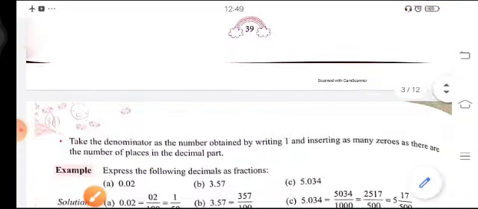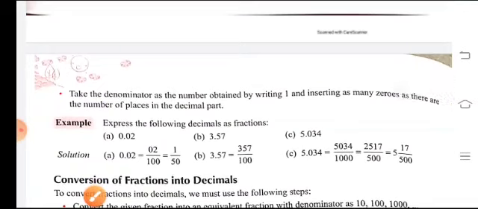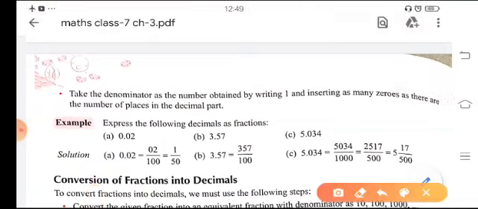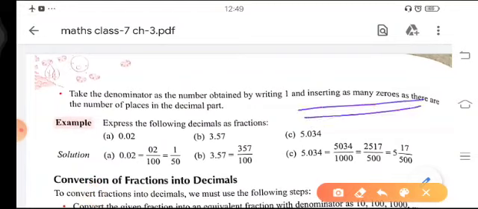The next step is to take the denominator, obtained by writing 1 and inserting as many zeros as there are places in the decimal part. For the decimal point we consider 1, and after it we put zeros equal to the number of digits in the decimal part.